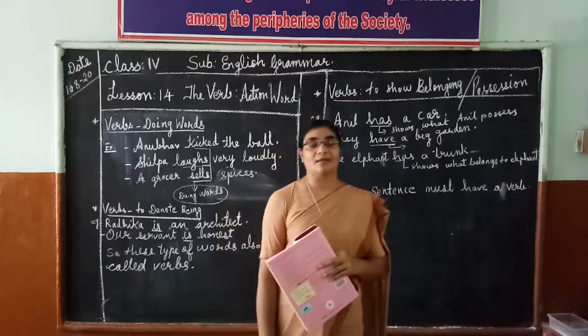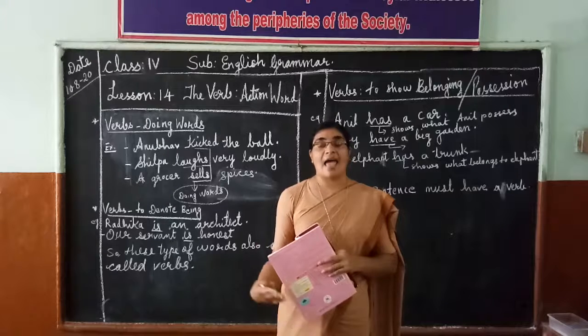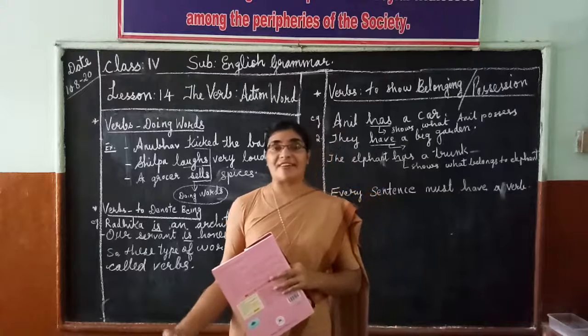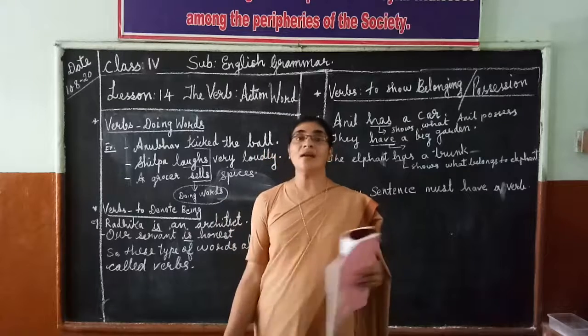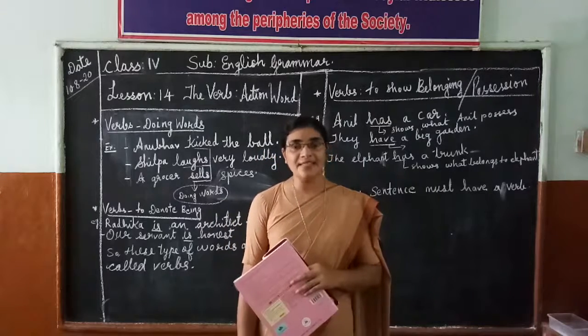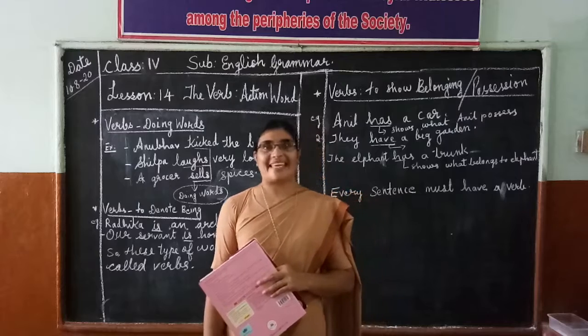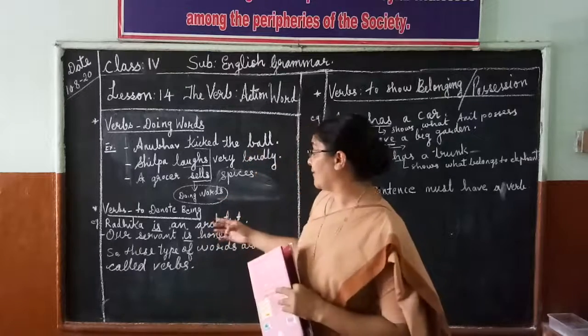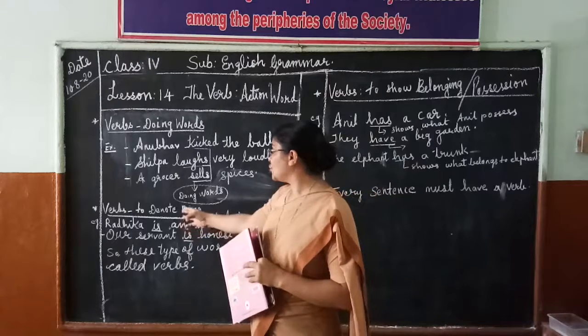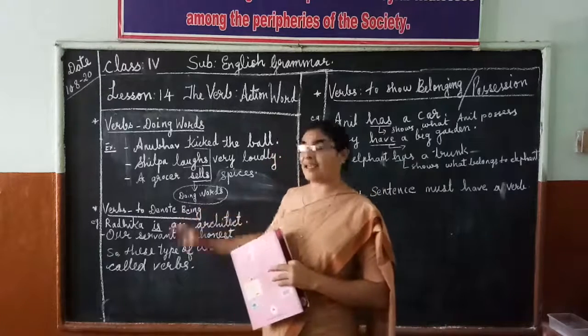And words like is, are, am, was, were, have, has, had are also verbs. They tell us what somebody is or has. So for that we have another type here, verbs to denote being.